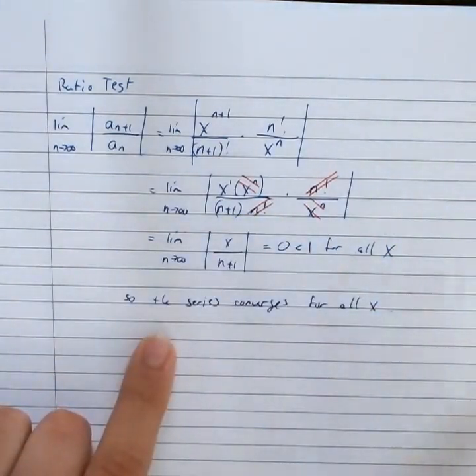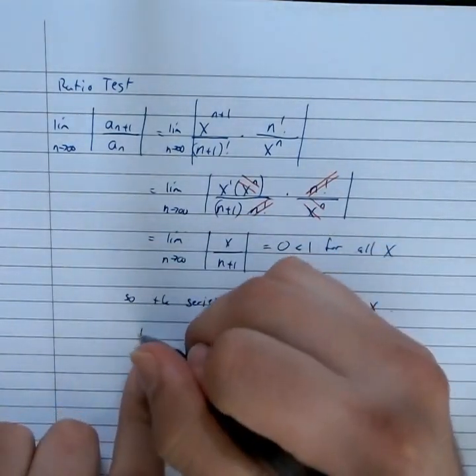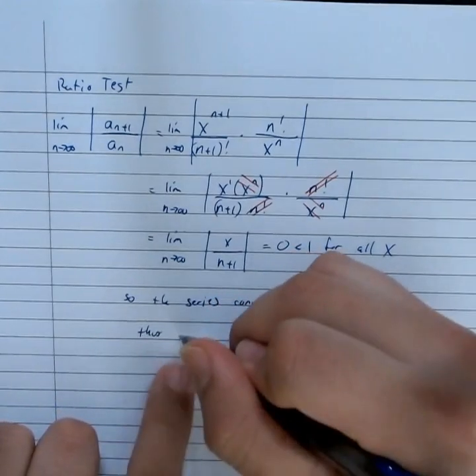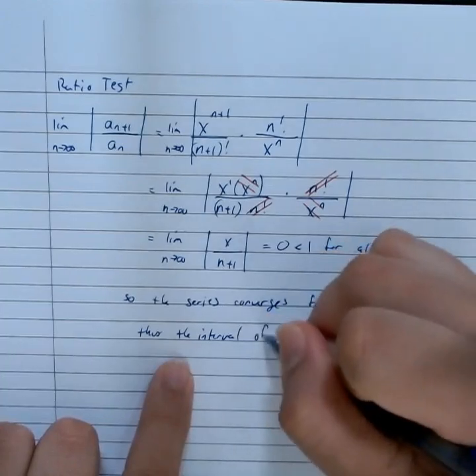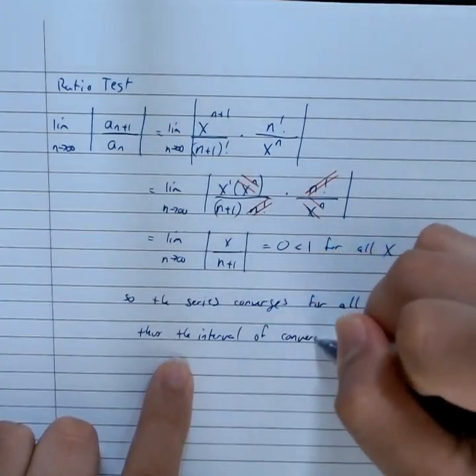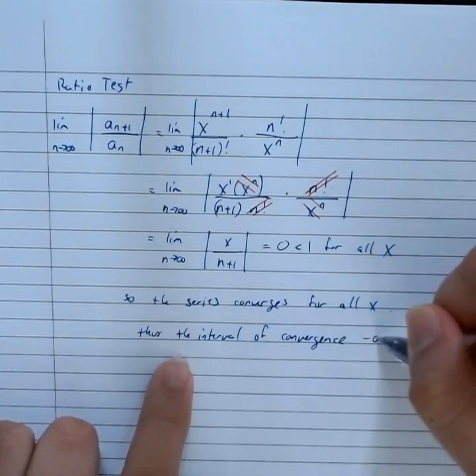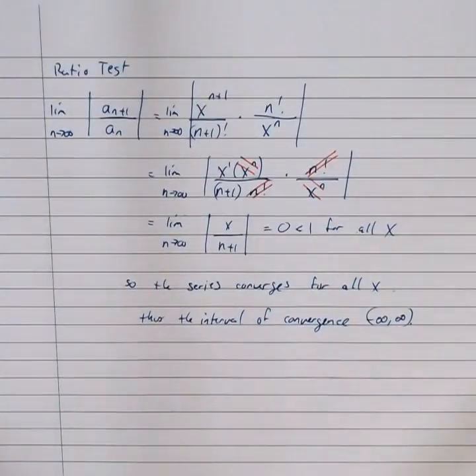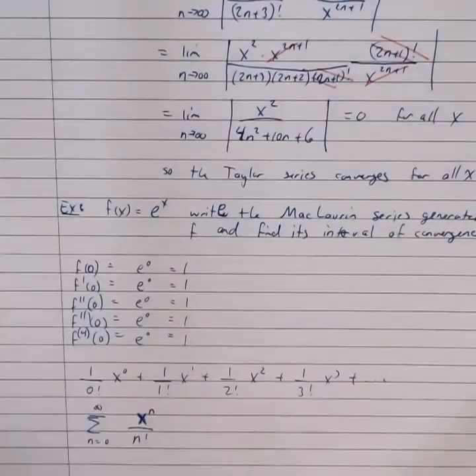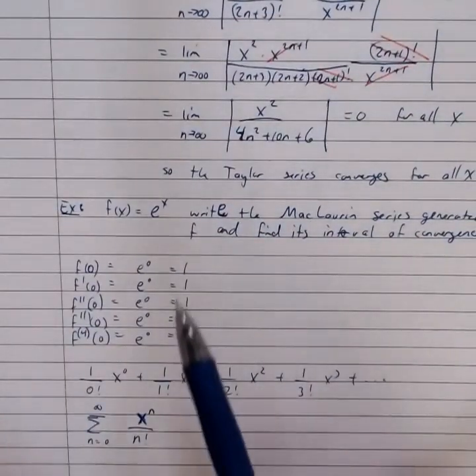So that's our interval of convergence from negative infinity to infinity. And that makes us happy. Now that brings us to the most important part of this.